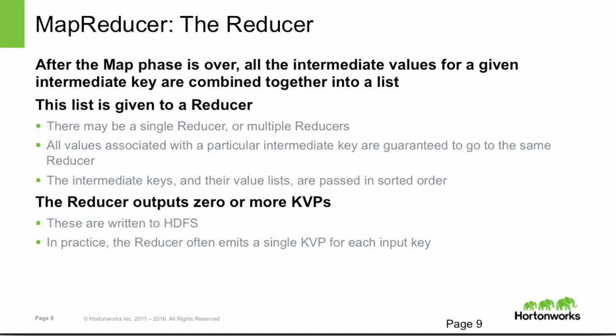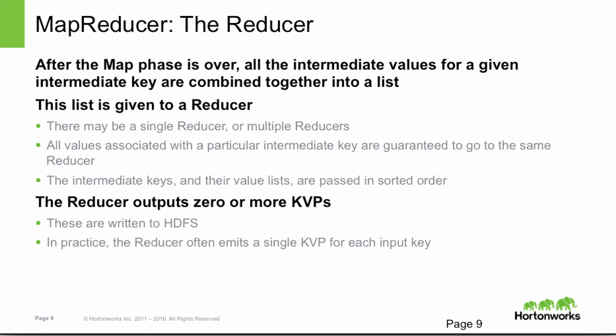Just to build that contract, to help show in a second here, a reducer is invoked with a key value pair. What's interesting about this key value pair is that the key is unique: the key from that key value pair will only be sent to a reducer once.